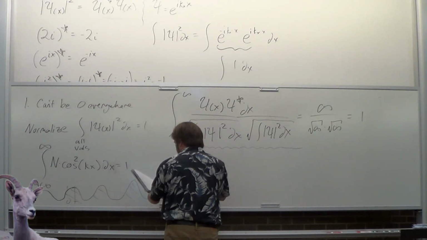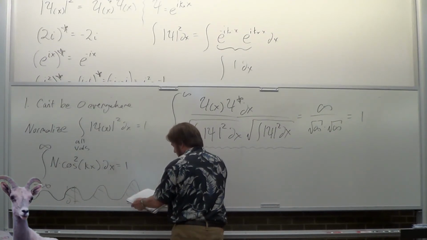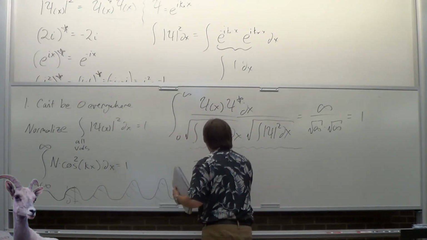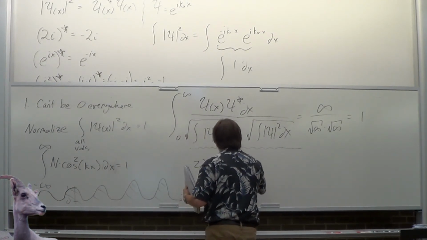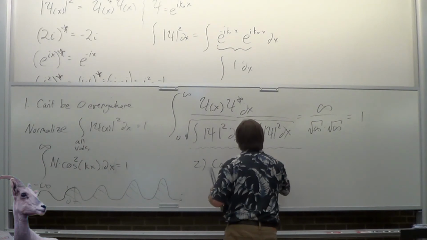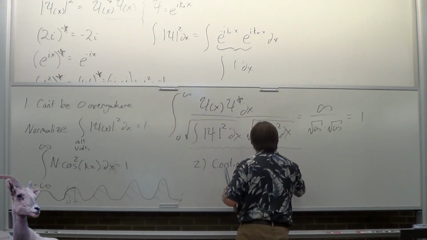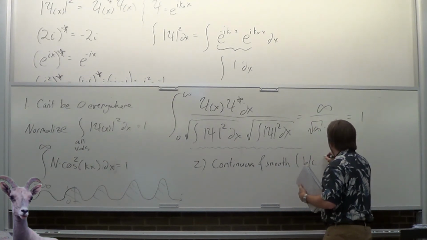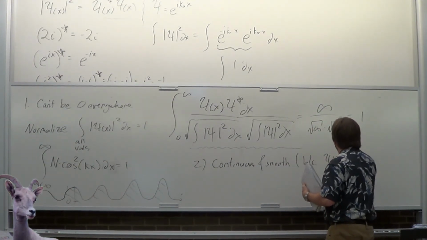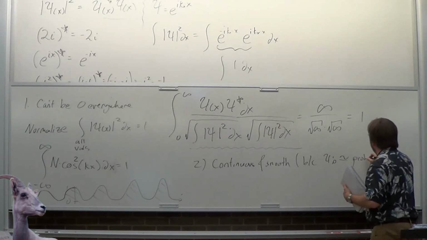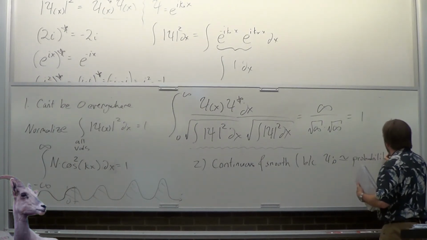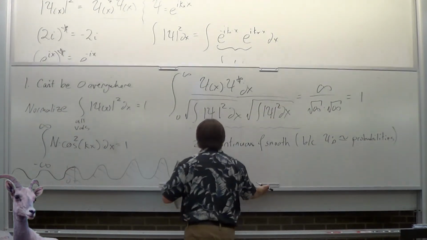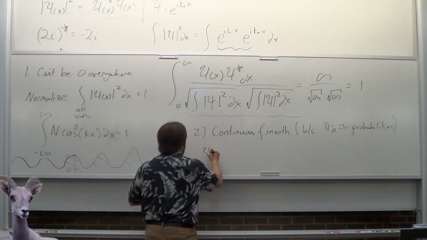Let's see, what else is there? About, again, wave functions, things that they can't do. They have to be continuous and smooth. And this is because wave functions are sort of probabilities, and that means 2 things.